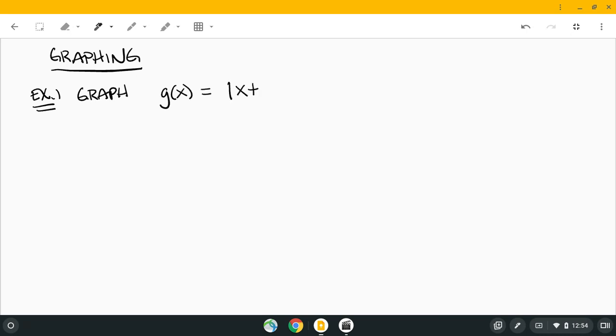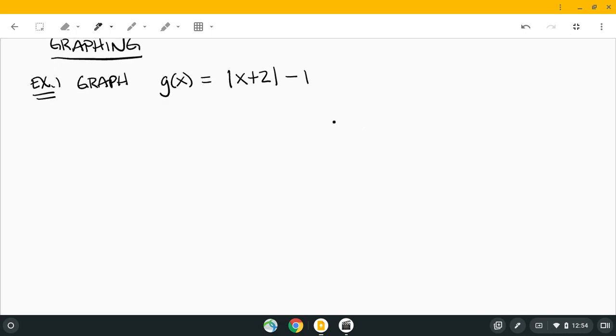Okay, so graphing. Let's take a look at this example. Graph g of x, which equals absolute value of x plus 2, minus 1.